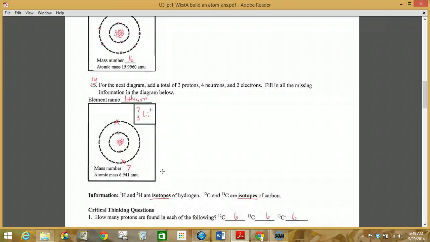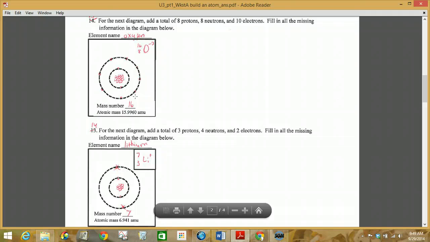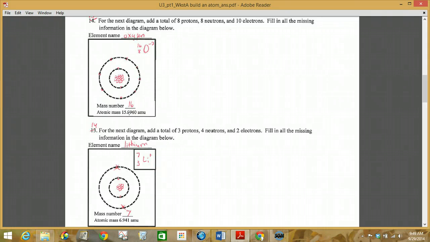Electrons are about 1/2000th the mass of a proton and a neutron, and so they're not really contributing much to the mass. So the mass number is basically the count of the particles in the nucleus, and those particles are the ones that give us the majority of the mass of the atom. So the mass number is going to be close to the average atomic mass, but it's not going to be exactly spot on because this is a more precise number.